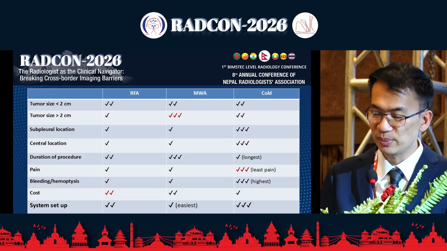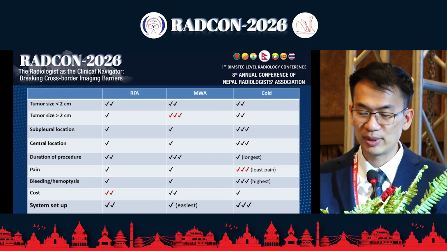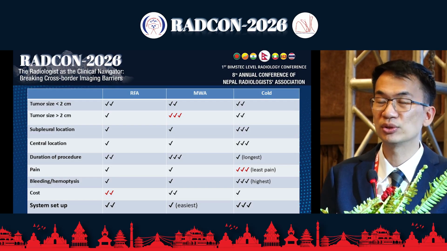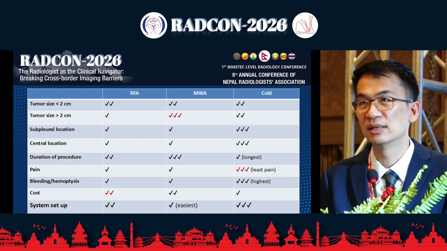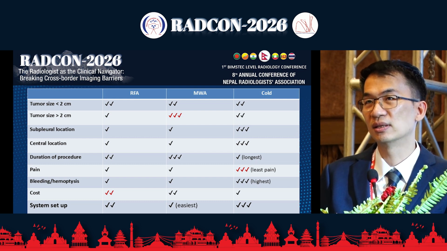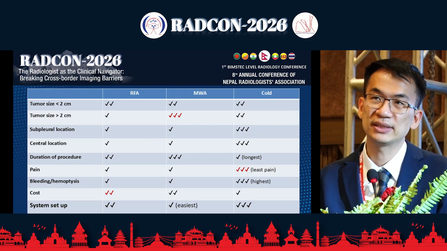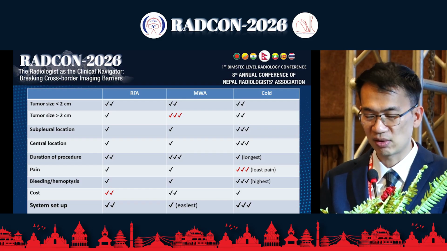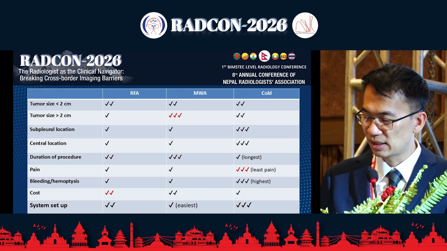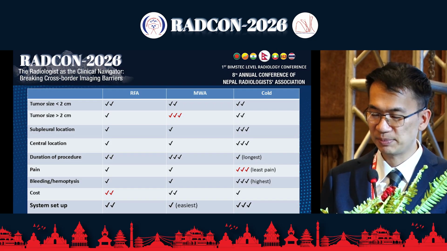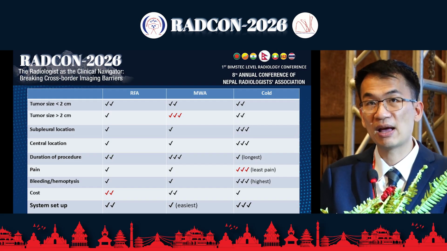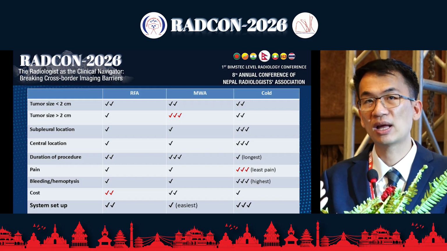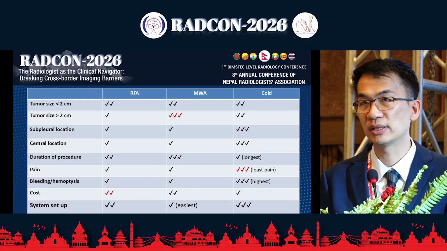But to be honest, cryoablation has the longest procedure because each ablation takes 30 minutes. This does not include the time that you have to place the needle carefully. So the whole procedure is longer than the others. As for complications, cryo has less pain, but be careful, it can have more hemoptysis or bleeding because cryo does not have coagulation necrosis during the ablation.